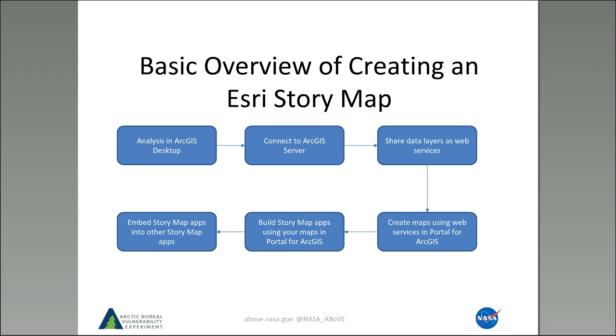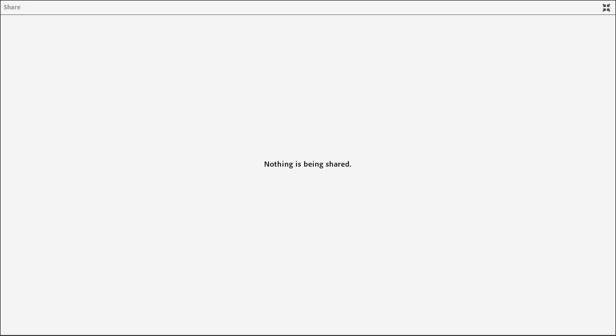Using those maps, I built story map apps with the templates that ESRI already gives you. And with those story map apps, if you want, you can embed those into a final story map, which is what I did. Now I will show you my story map and the science behind all of the analysis and some different ways that you can present your results.